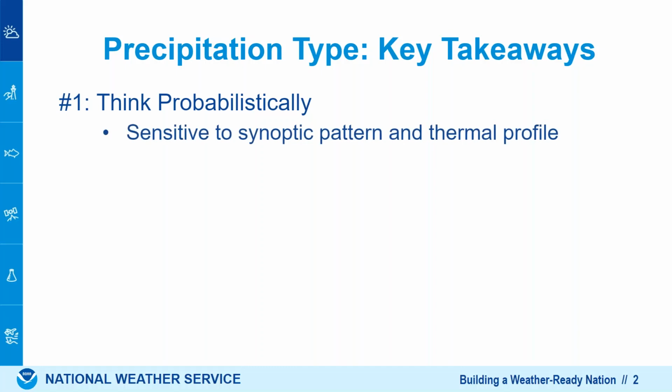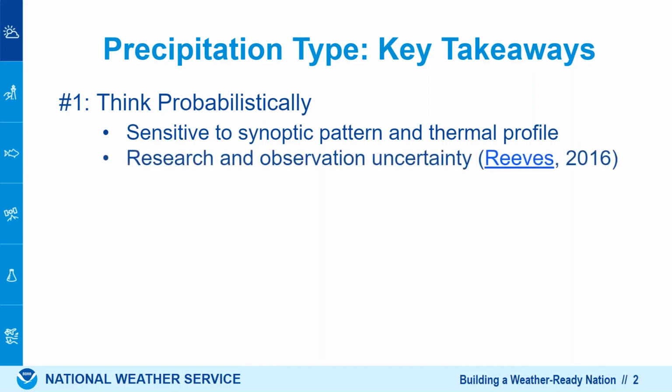One thing with precipitation type is it's extremely sensitive. I think maybe a lot of you are probably aware, to both synoptic pattern and thermal profile. Just small changes to a thermal profile can yield big changes to precipitation type in certain situations. Furthermore, the research that has gone into precipitation type has its own uncertainty, and observations themselves also have uncertainty.